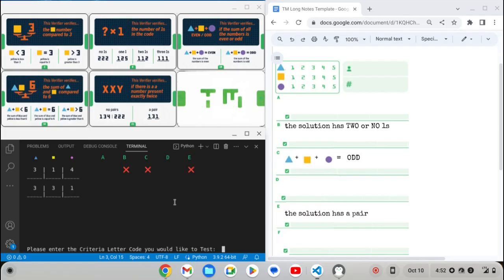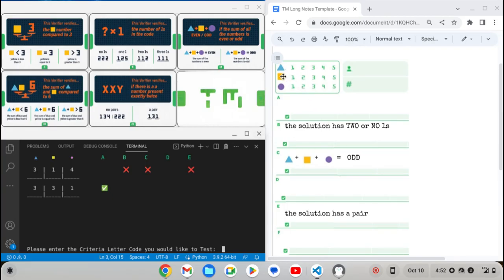Okay. So before I test the sum, I guess I really do want to test. Oh, I was just thinking, I guess I would have to retest criteria card B, the number of 1s. I guess it doesn't matter. Let me go ahead and test criteria card A. Wow, it is a 3.